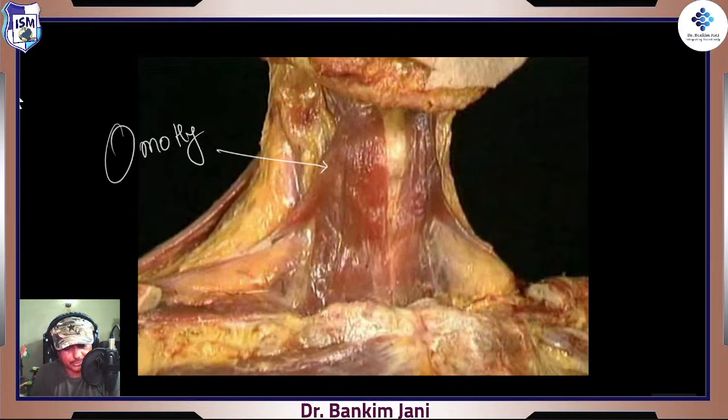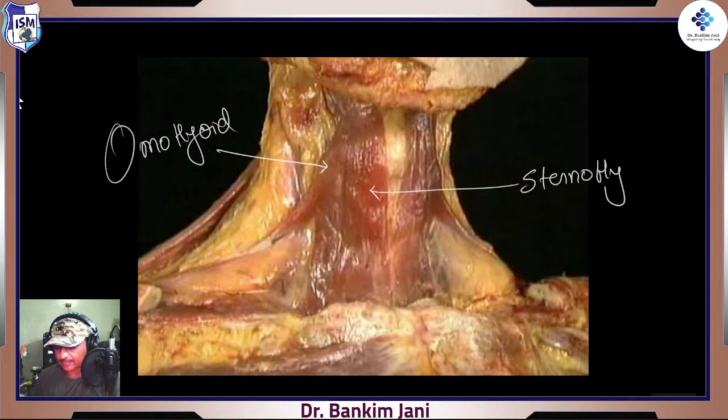Finally, the last pair. In fact, we have seen these muscles. This one, which is going laterally, is the omohyoid. And one which is over here is the sternohyoid.